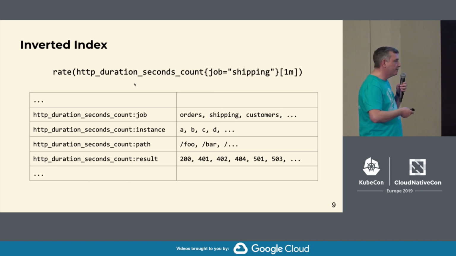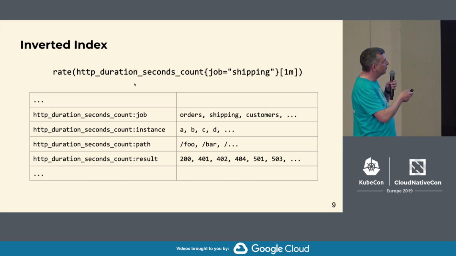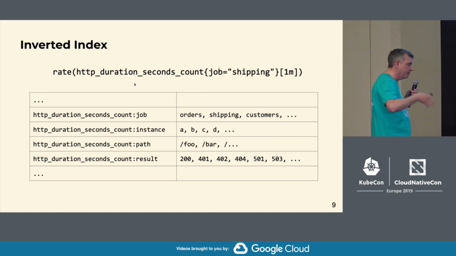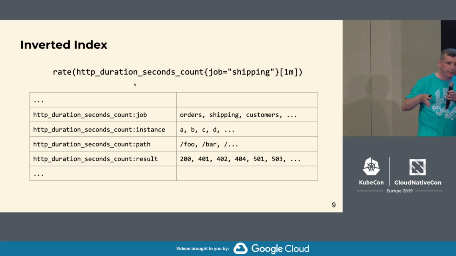And what happens in Cortex is that we start with the metric that you're asking for, and then you ask to narrow it down on a label. So that takes us to this line here. And then we match on, it's this one here, right? Shipping. And that points in the index to a series of time series. The time series then point to the chunks of data.